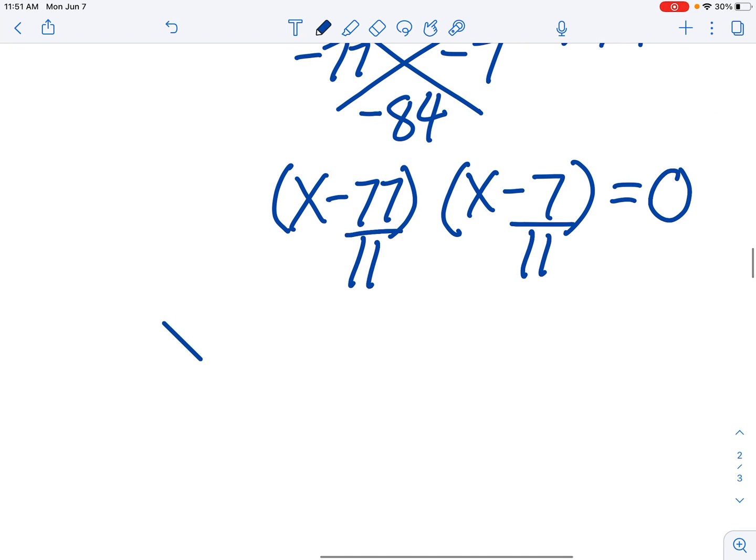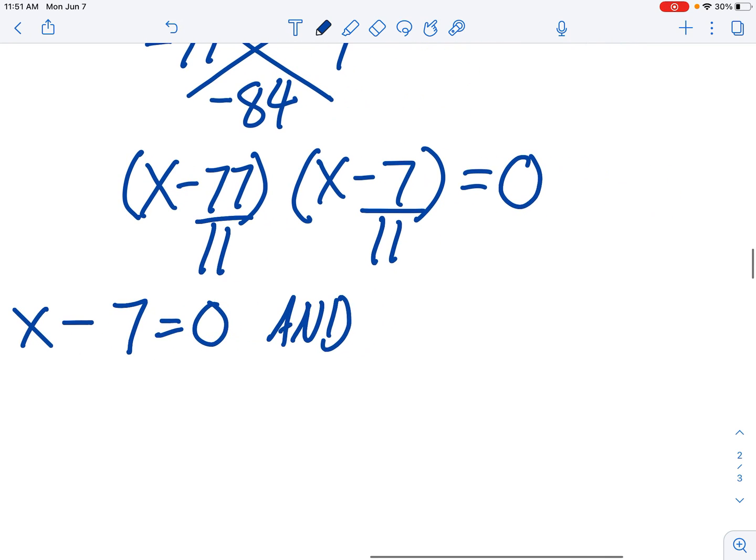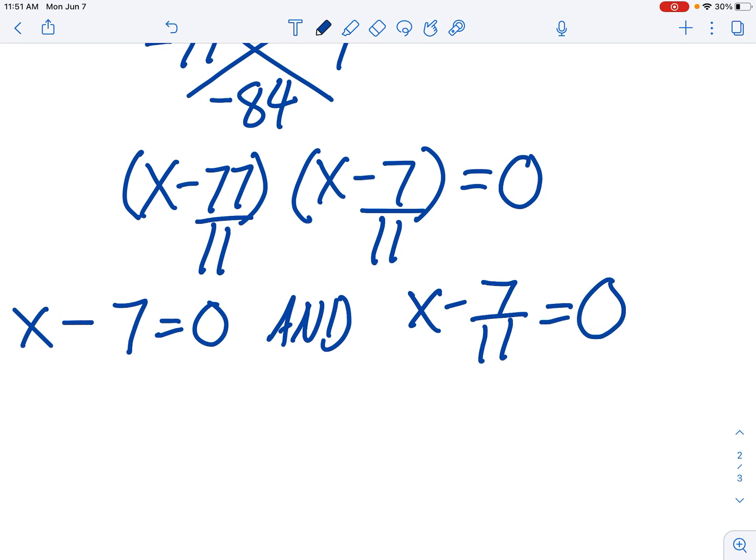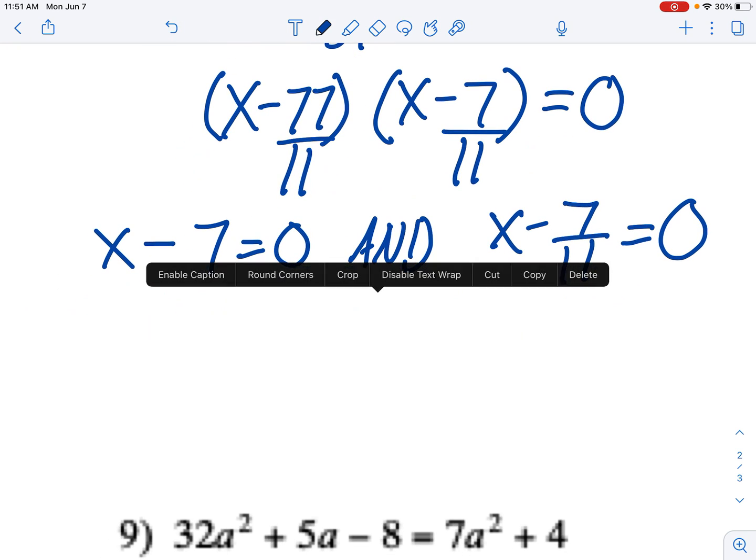So each parentheses is going to get its own x minus, and actually 77 divided by 11 is 7, so x minus 7 is equal to 0. And x minus 7 over 11 is equal to 0.